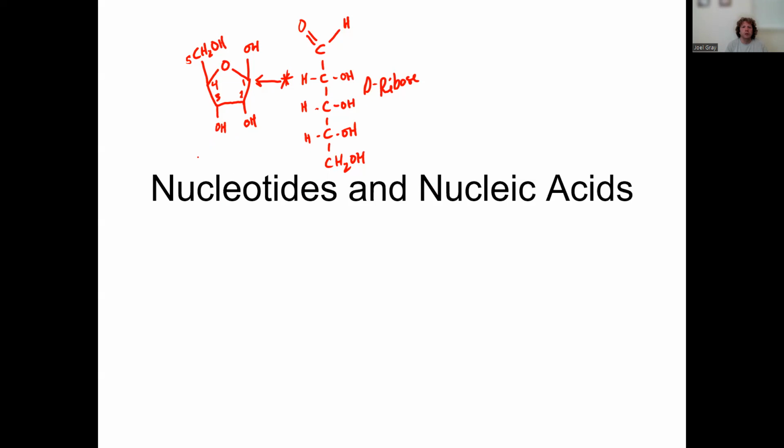The 5-membered ring is a furan ring. So this is a furanose. So the complete name for this sugar right here is actually beta D ribofuranose.